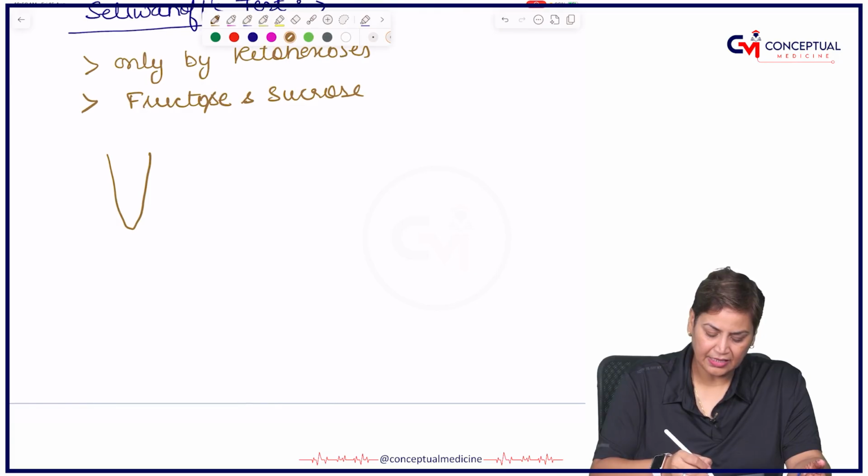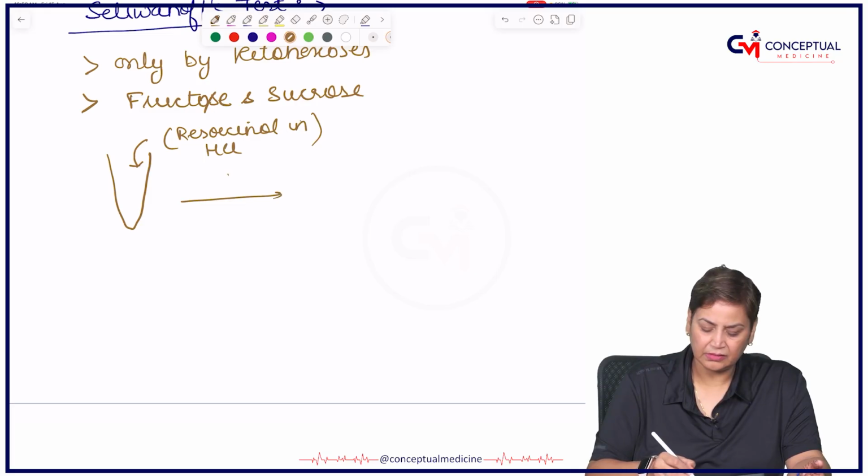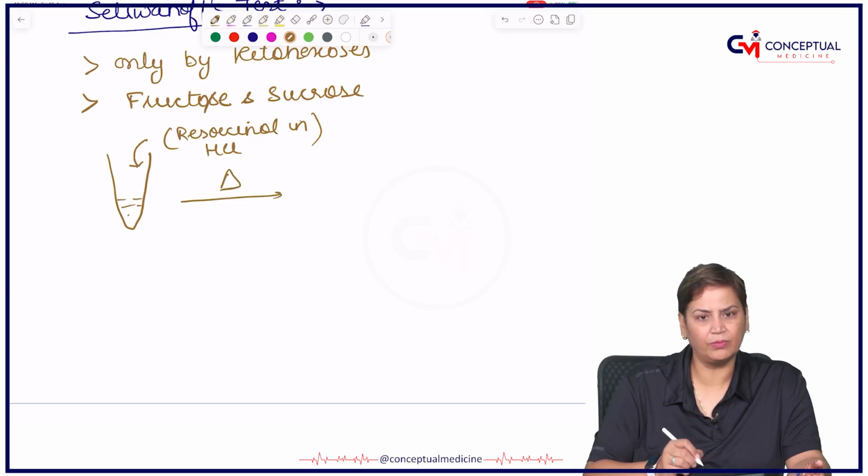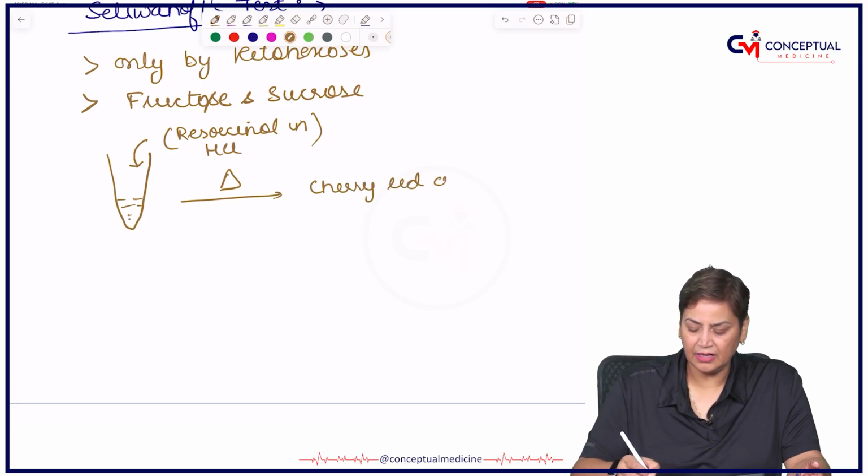Okay. And the test is simple. We add Seliwanoff's reagent, which is resorcinol in concentrated HCl, and we just have to warm the solution. A cherry red colored complex is produced.